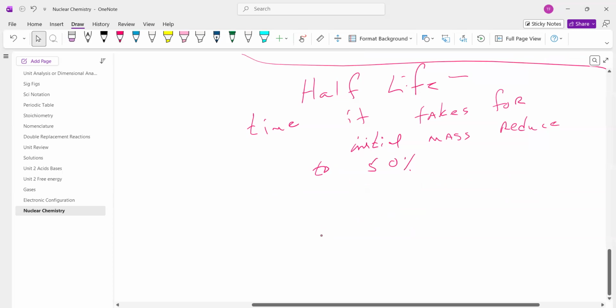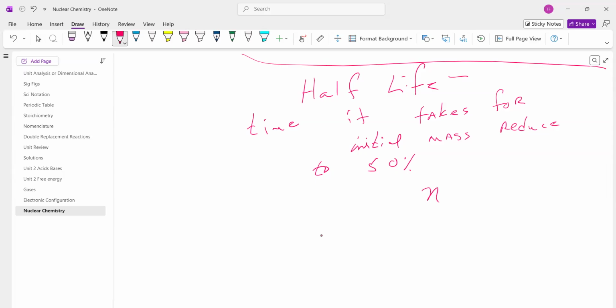The abstract way, which gives you the most flexibility, is this.